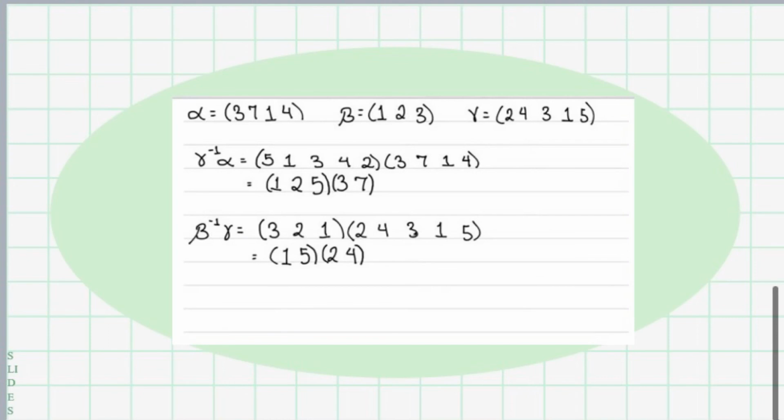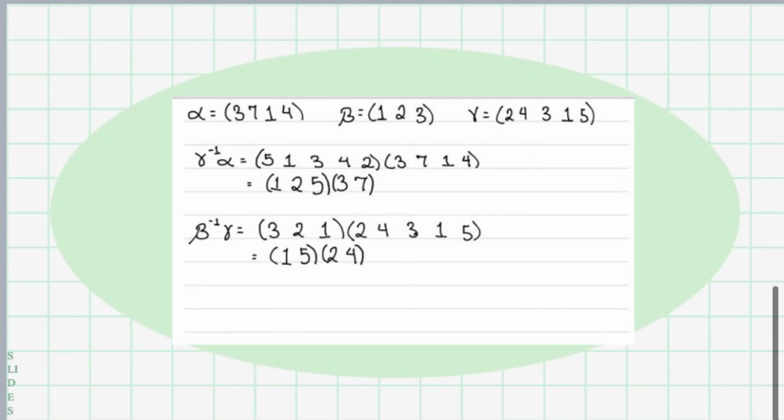Now, let's start with the number 2. So 2 maps to 4, and then the 4 remains constant also. So 4 maps to 3, and 3 maps to 2. So 4 would map back to 2.